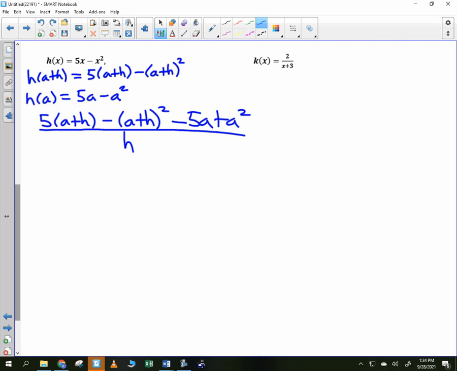Let's expand the top. 5a plus 5h. We already expanded a plus h squared, didn't we? We got a squared plus 2ah plus h squared, but now we're going to distribute a negative.